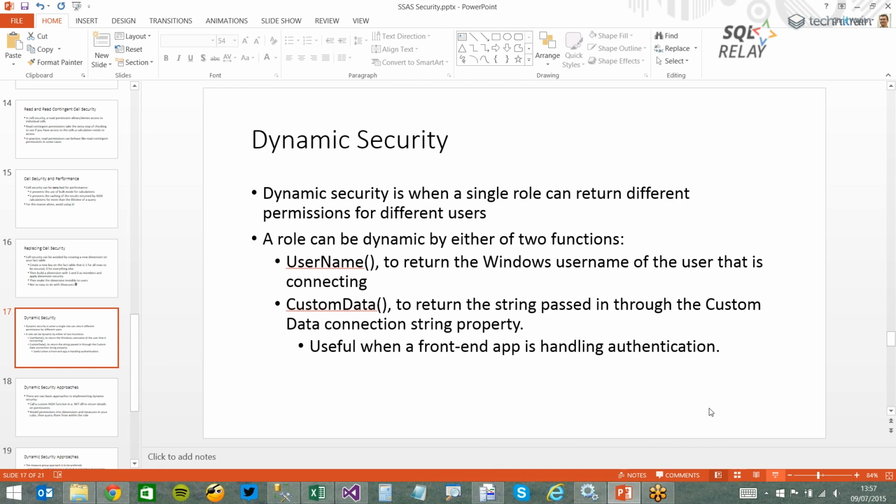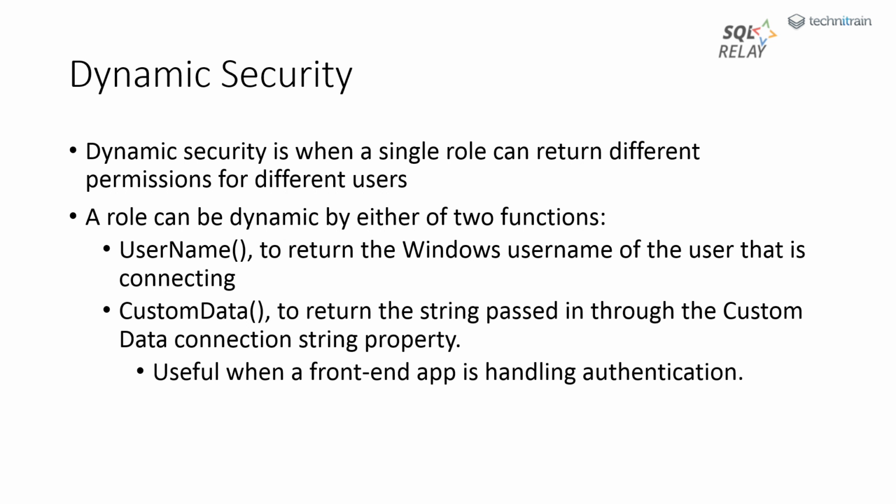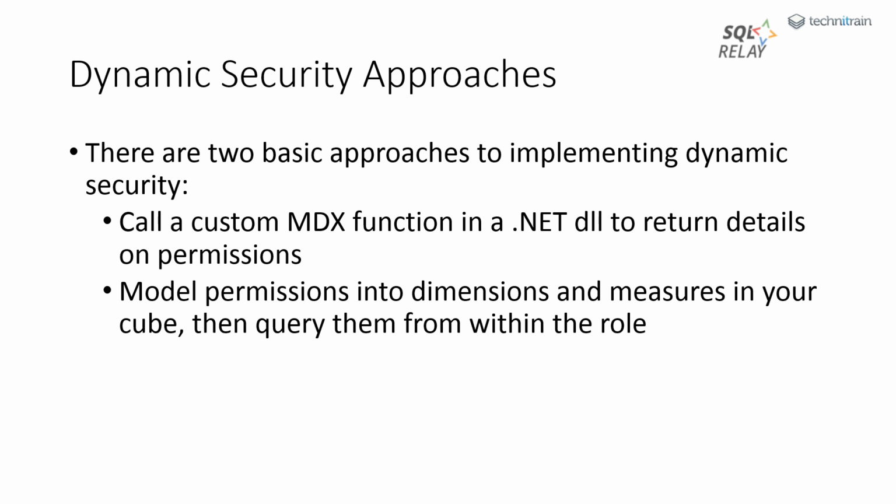Now, this raises a question. This is a really simple demo showing you the two main approaches to implementing the MDX for dynamic security. There's another question here, which is how do I actually store permissions? And there are two main ways you can go.